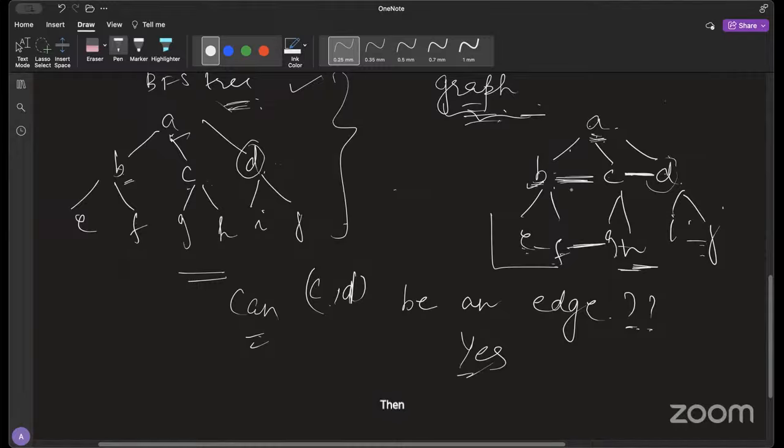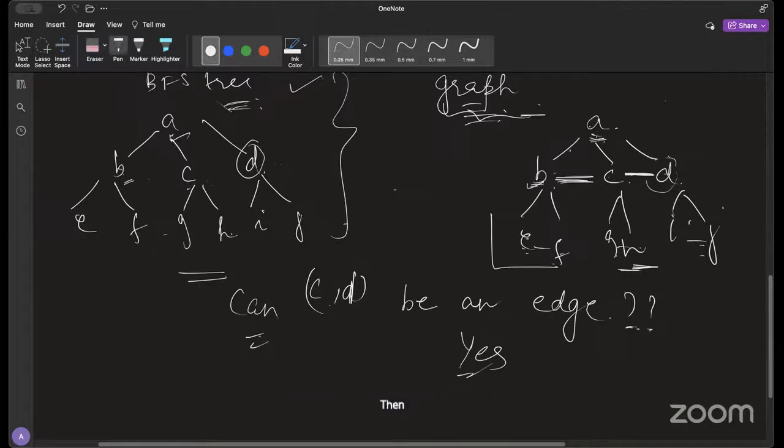On C, the directly connected ones are G and H, so you write down G and H. So this edge is not creating a problem, right? Even if we have an edge here, in the tree we won't make this edge, and even if we don't have it, we're going to have the same graph. So on the same levels, you can have edges.